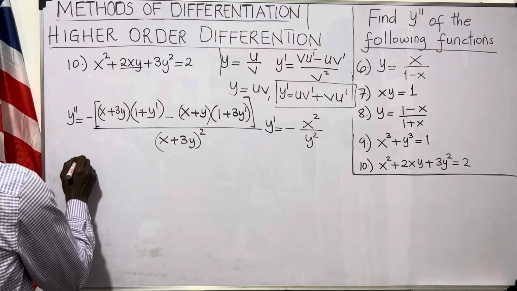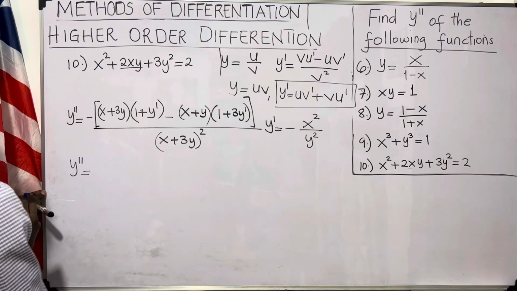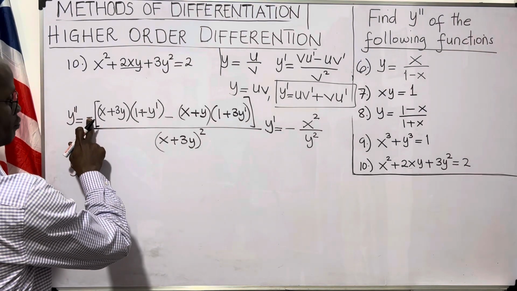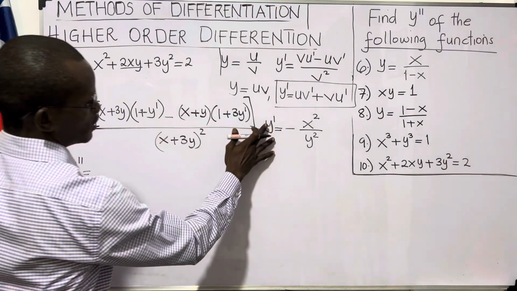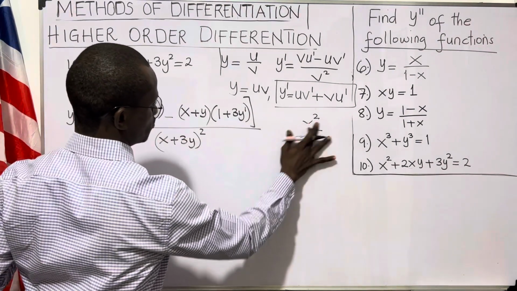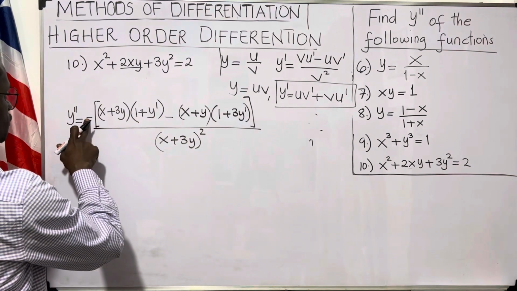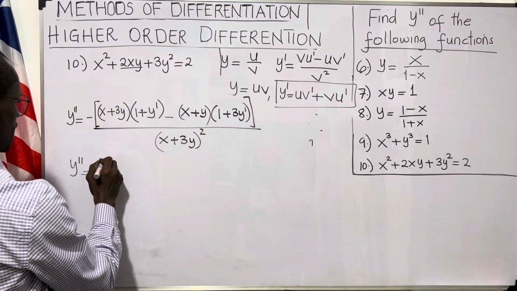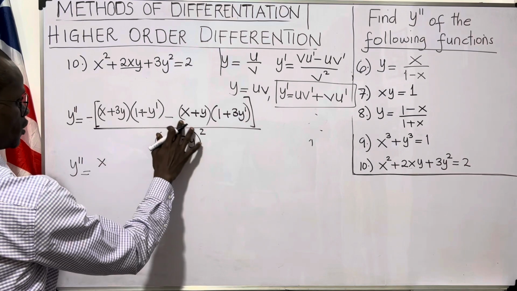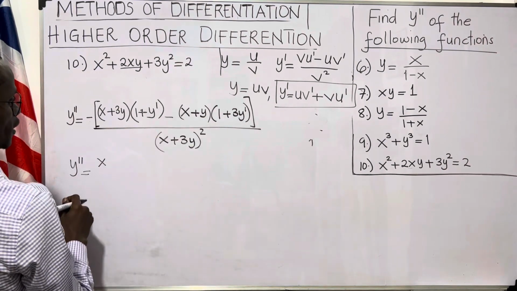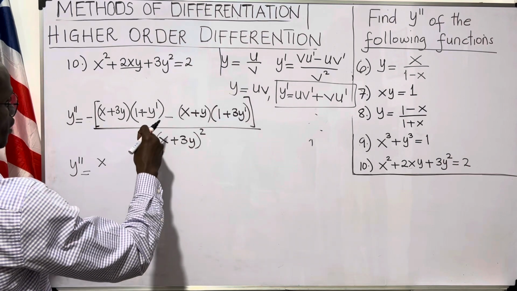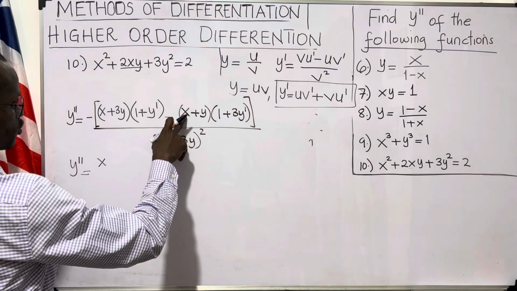So we have y double prime equals, we can simplify. So if this is multiplied by this one, what do we get? If this negative is multiplied by this, we will have that to be positive. So this entire thing is positive. So we can multiply. So we have x times 1.